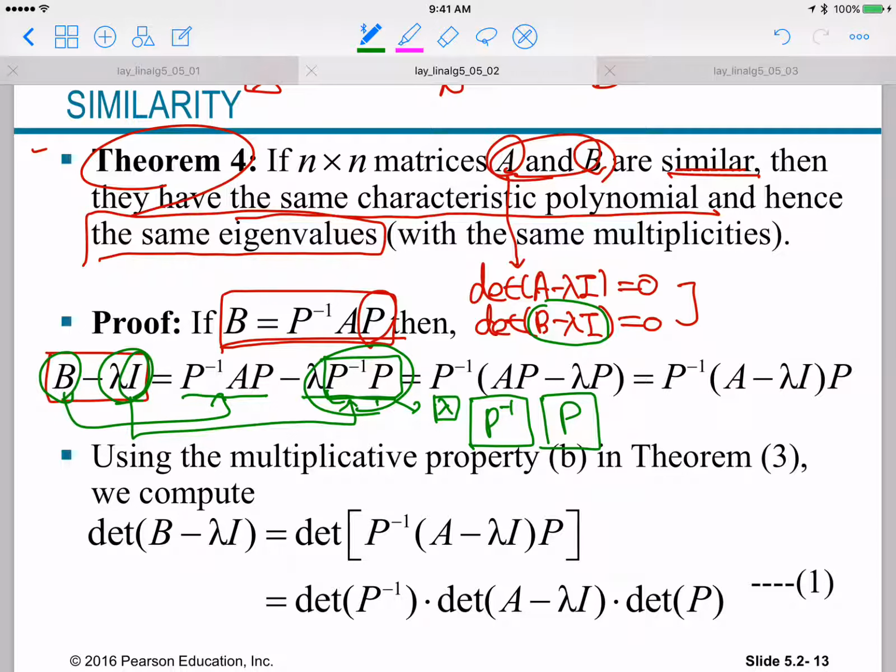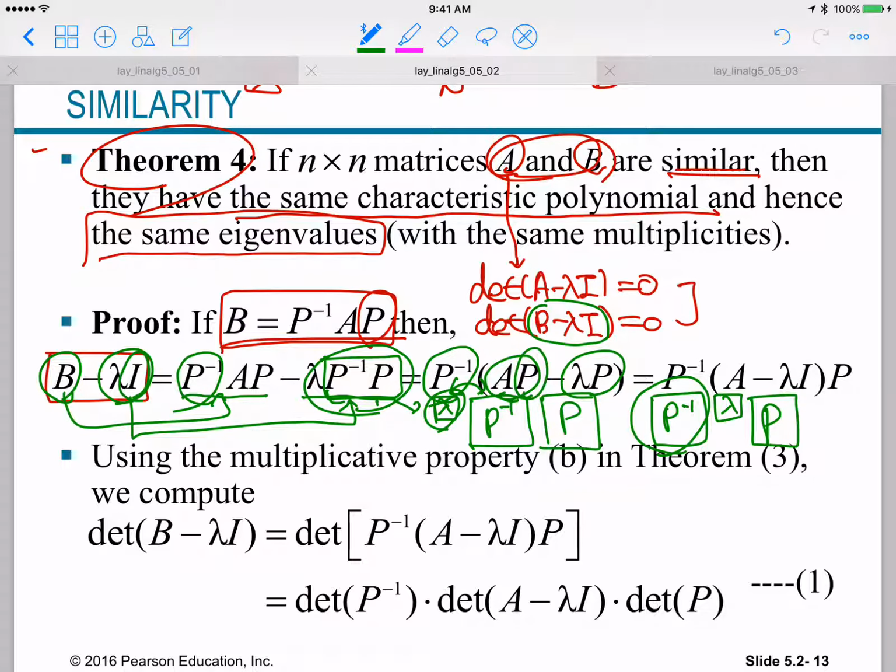Then we can change the order between lambda and P inverse, because lambda is just a scalar. Then we can factor P inverse out, and the remaining part will be AP minus lambda P, and then we can further factor P out on the right, and this part will be A minus lambda I, right?